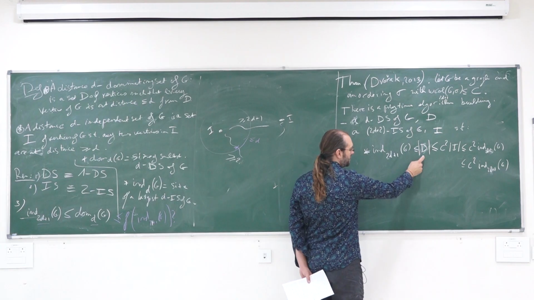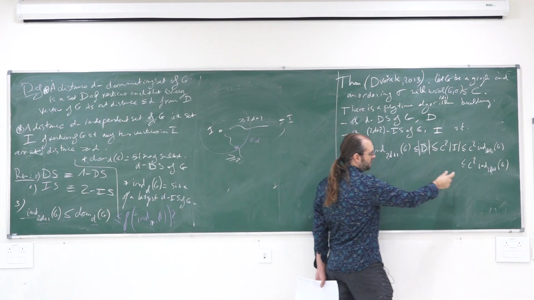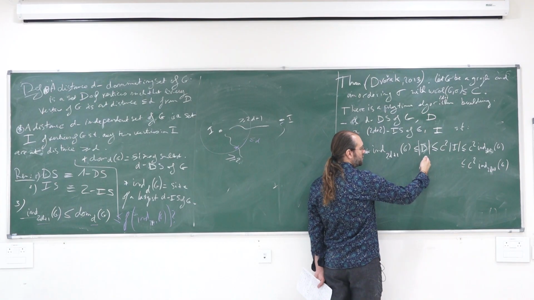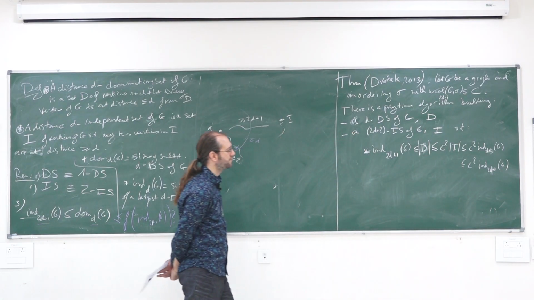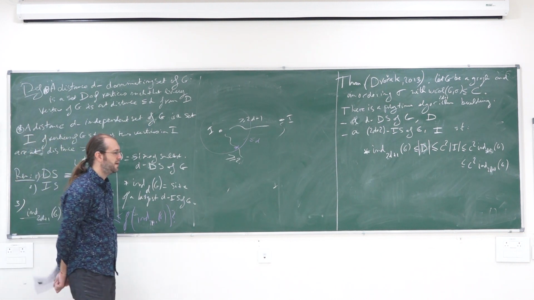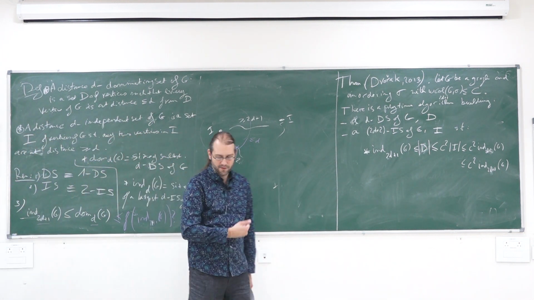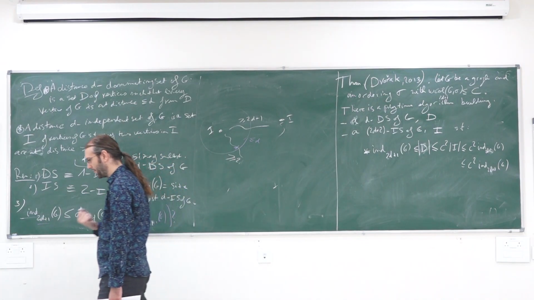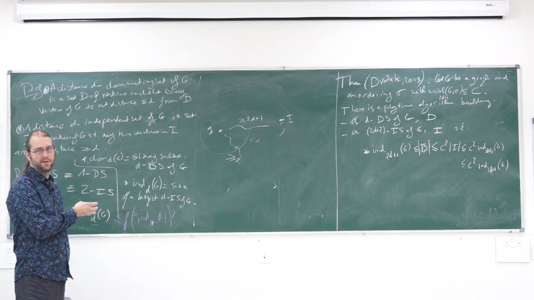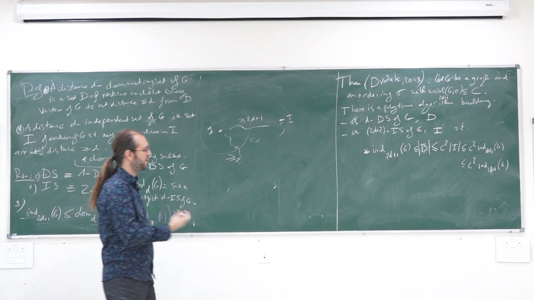Because this dominating set is sandwiched between the independence number and c squared times the independence number. And we can construct these two sets. So what does it mean? We need the coloring part, the coloring sequence. But we have seen before that if you have a graph class of bounded expansion, you can build these things efficiently.